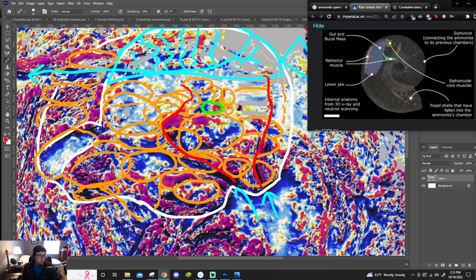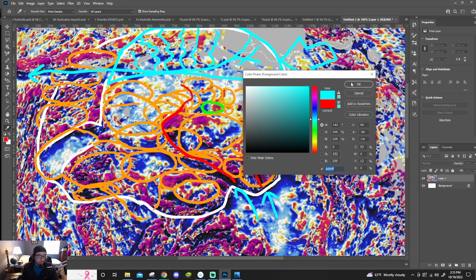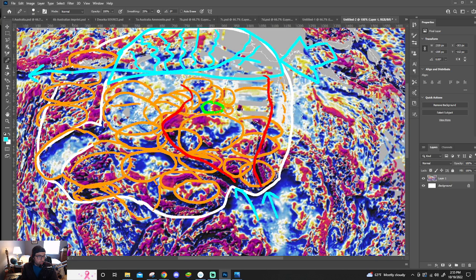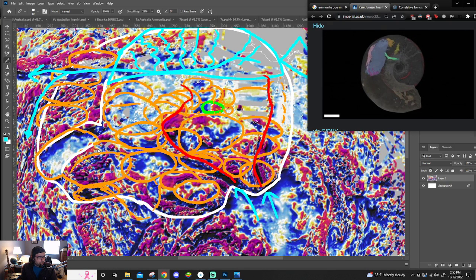Let's draw this channel. This flow over here also wraps around down this way along this channel, and it fades away even, interestingly. And then it goes here.